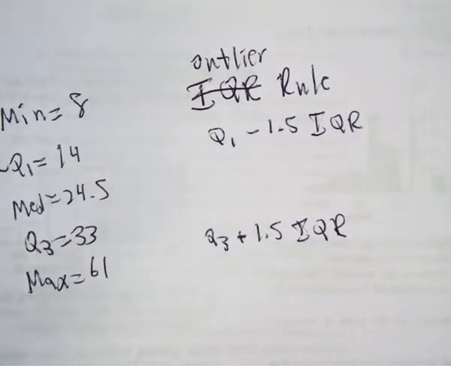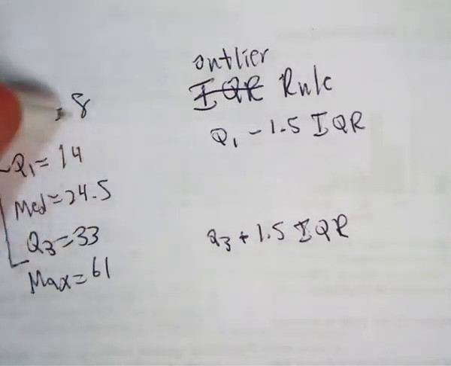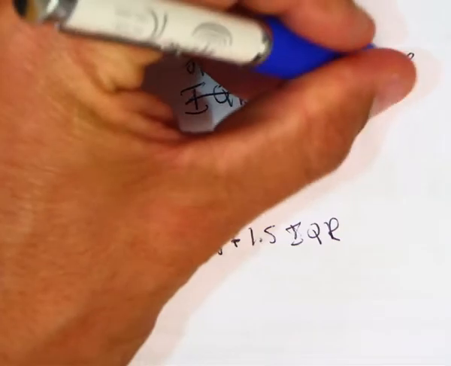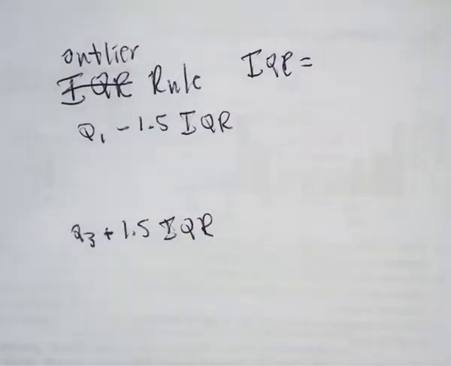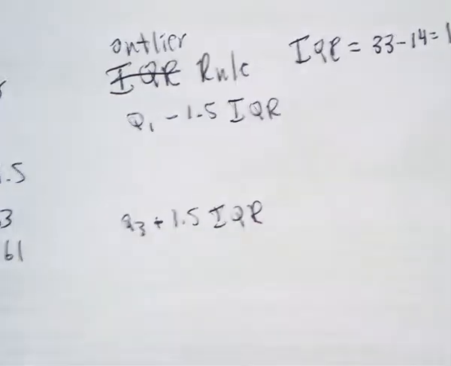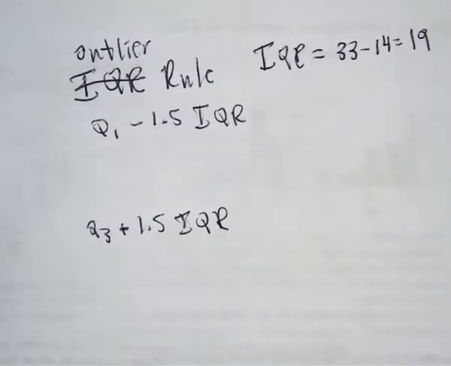So the IQR, let's do that right up here. IQR equals 33 minus 14, and that equals 19. So let's put it in.